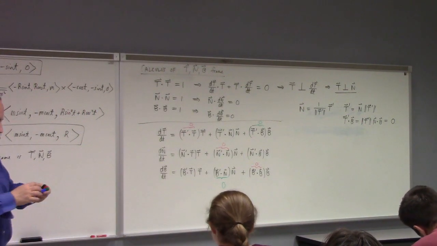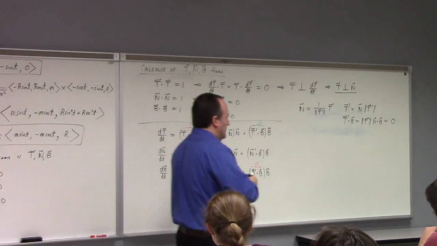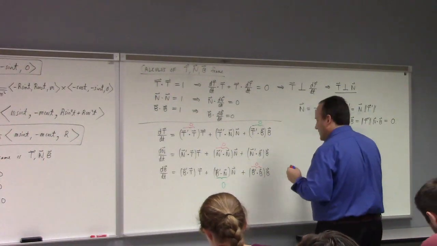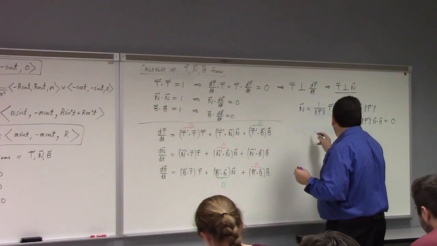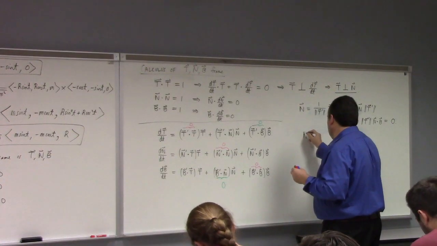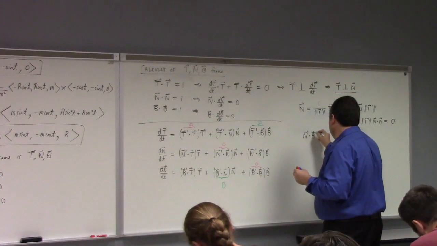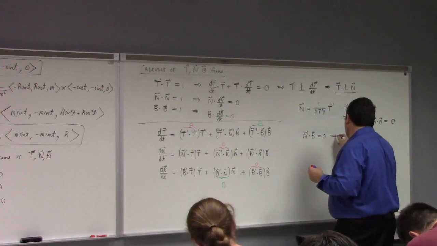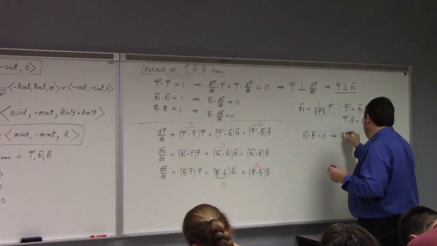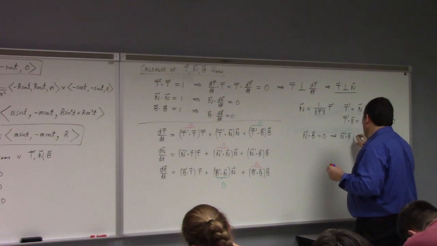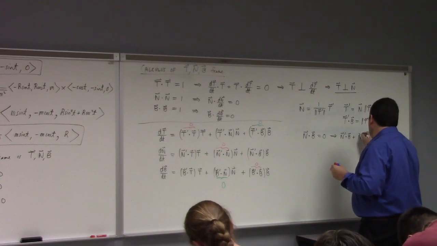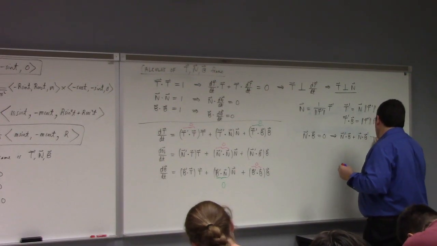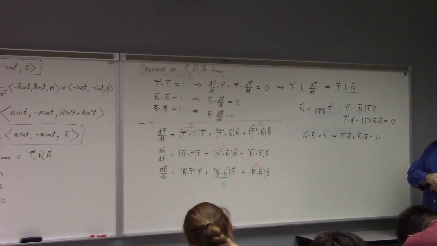How about this? Well, we know that n dot b is 0, right? So if we differentiate this, this tells me that n prime dot b plus n dot b prime is equal to 0, right?